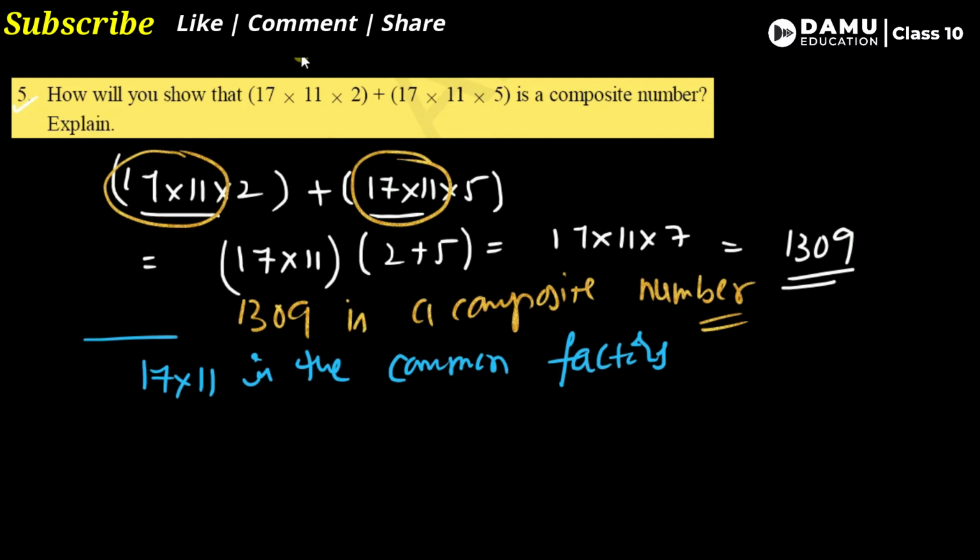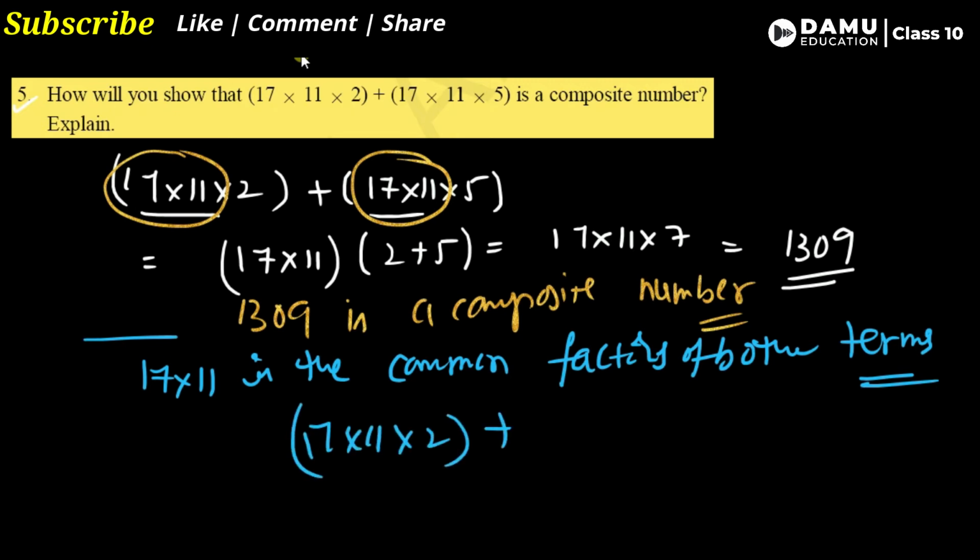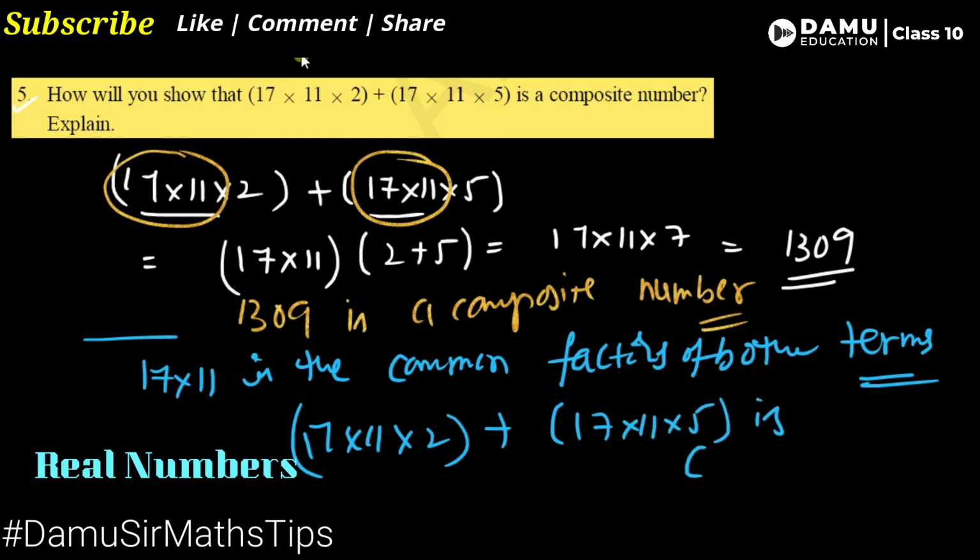Since there are common factors, we can say that 17 into 11 into 2 plus 17 into 11 into 5 is a composite number. If any common prime factors are there, then it is divisible, and then it is a composite number.